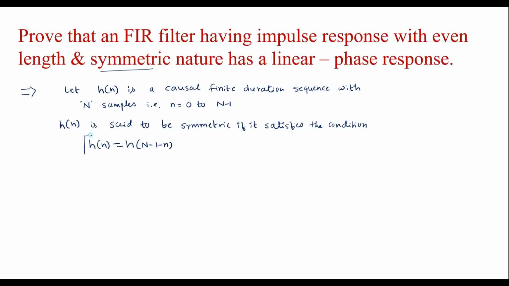So if the impulse response, that is h of n, satisfies this condition, we can say that h of n is a symmetric sequence. Now as I said, h of n consists of N number of samples. We'll assume that this N is an even number. That is, let N be even.